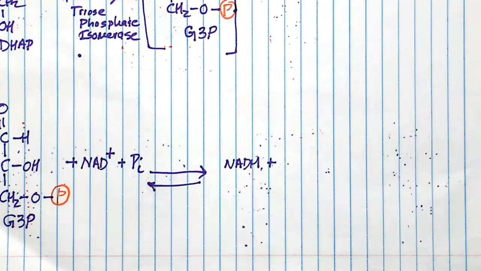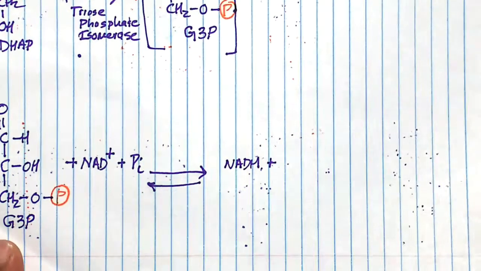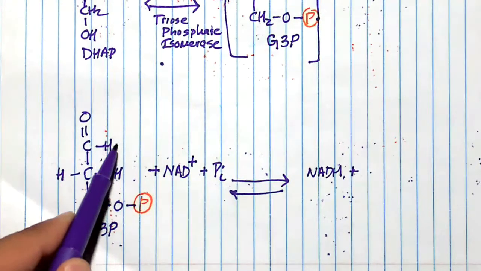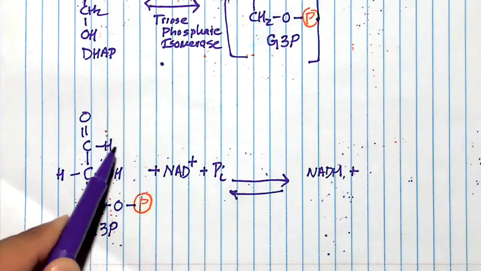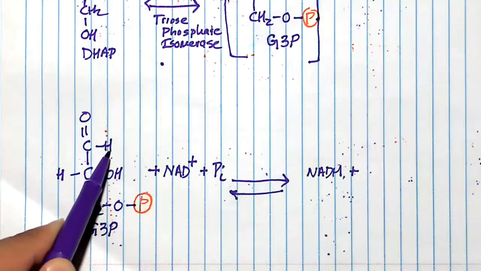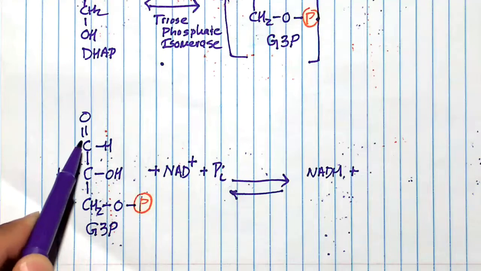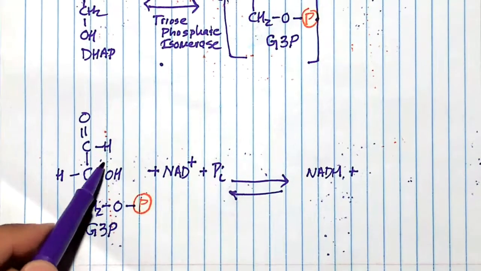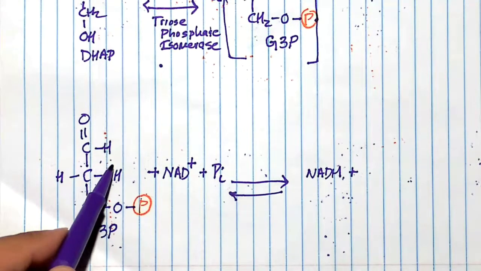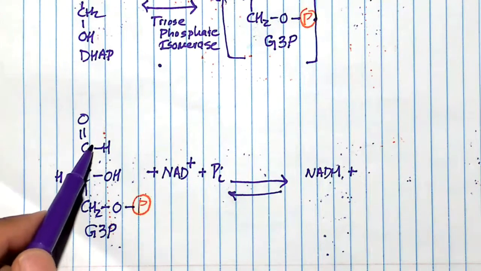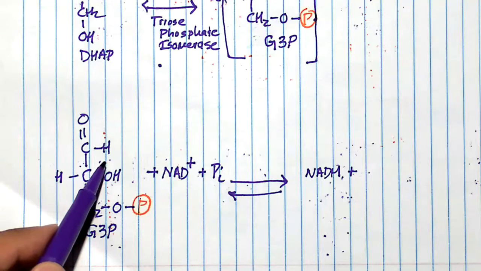So what that means is that we have another phosphate that's going to be attached about right here, okay? About right here on this carbon number 1, if you want to call it that. And that is a high energy molecule. That is a molecule that is really not stable.